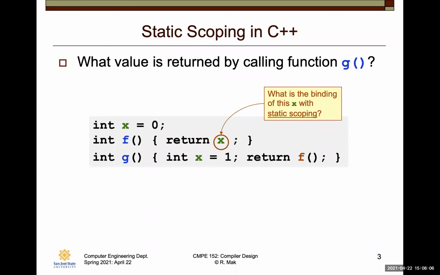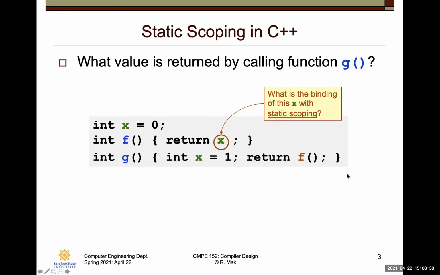Here is a function f, and all it does is return the value of x. And here's function g. Function g has a local variable x, which it initializes to 1, and then it calls f and returns whatever value f returns. So the return value of g is the return value of f, and f returns the value of x.